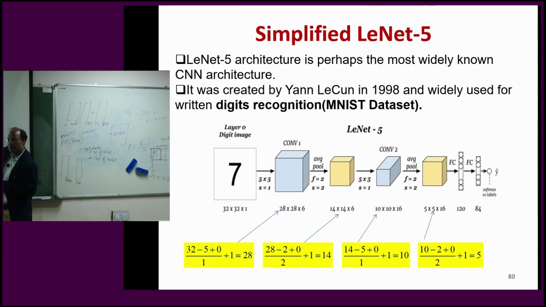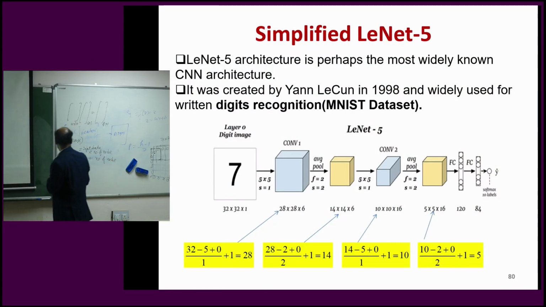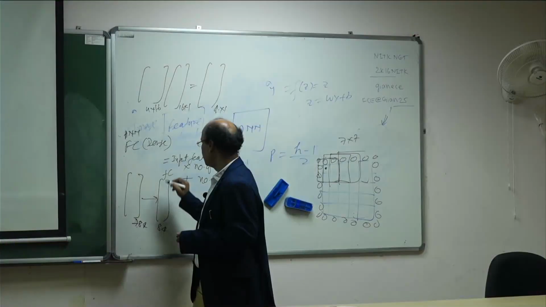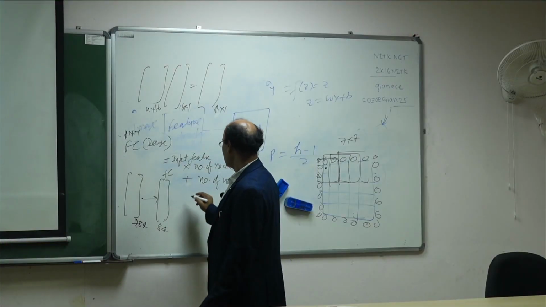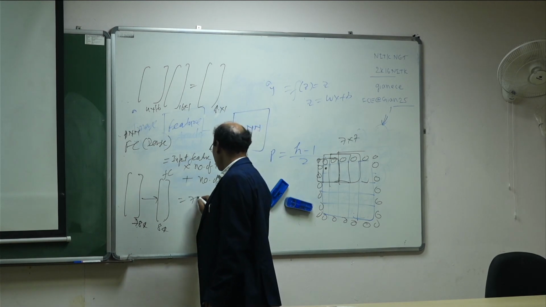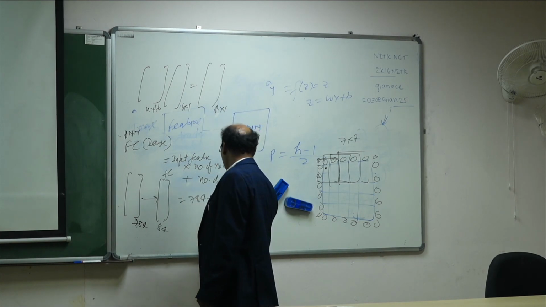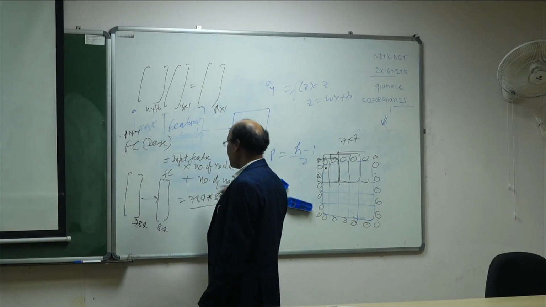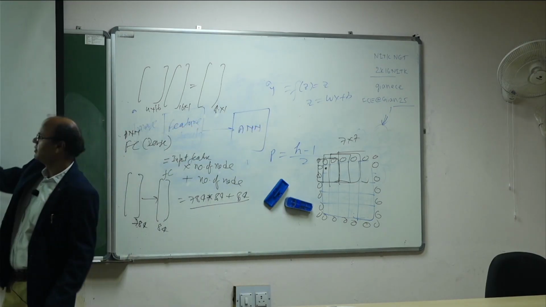So this goes as input to the fully connected layer. The number of parameters will be 784 multiplied by 84, plus 84. So this will be the parameters at this particular layer.